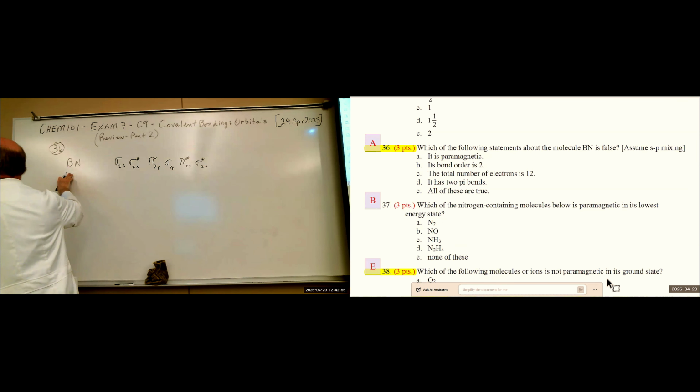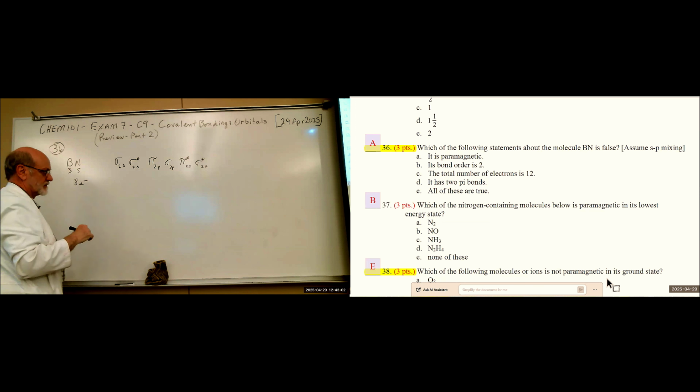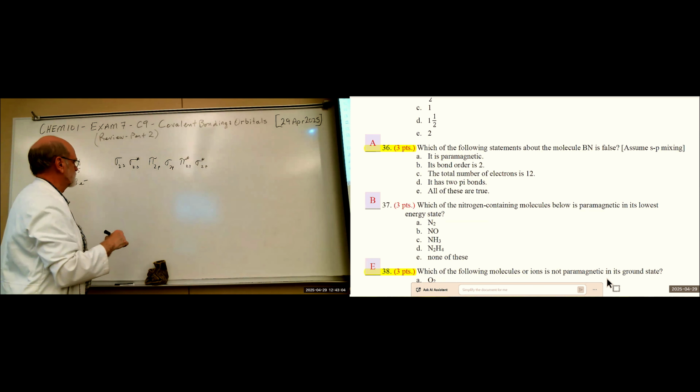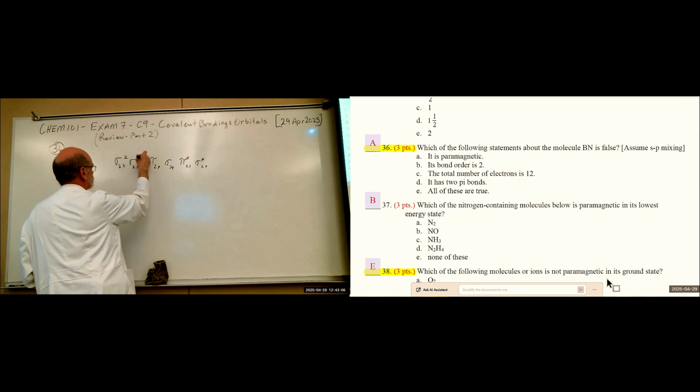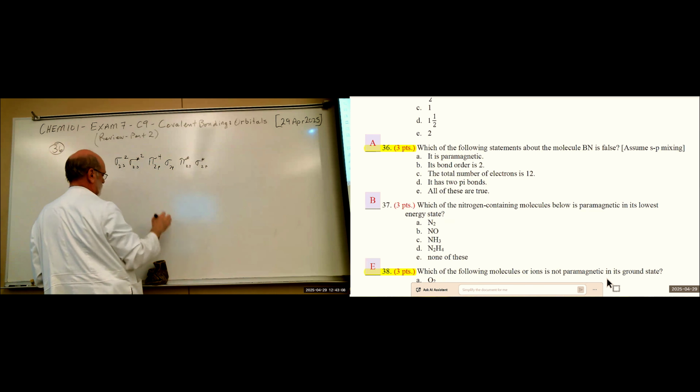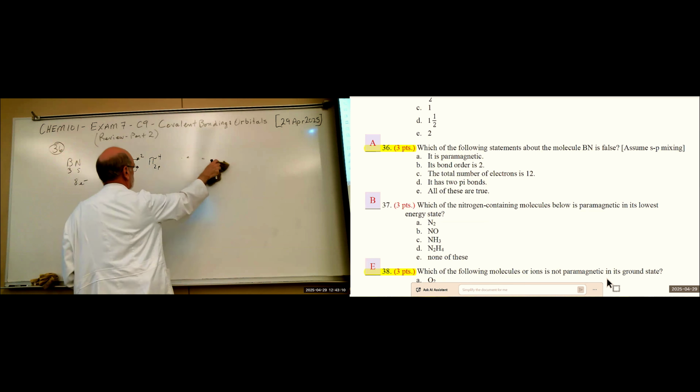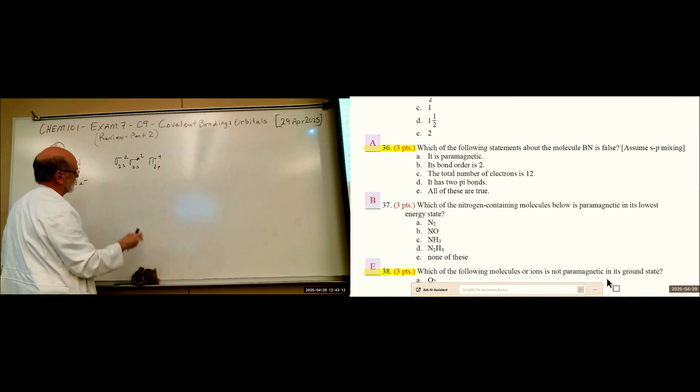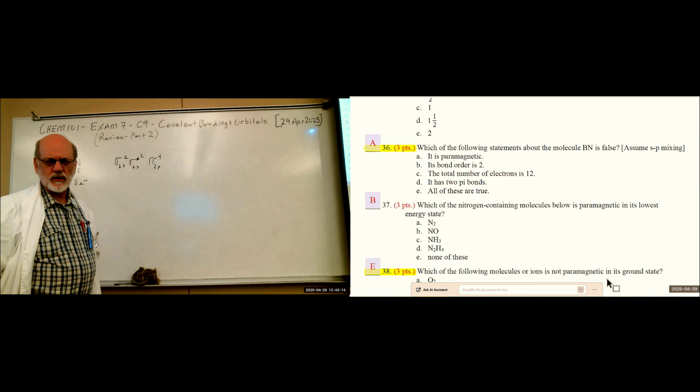Boron is contributing 3 electrons, nitrogen contributing 5, so we have 8 valence electrons. So that's 2, 4, and 4. That's it. Okay. Now what's the question?